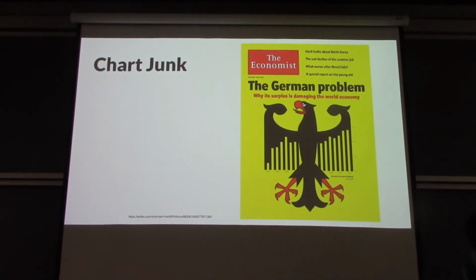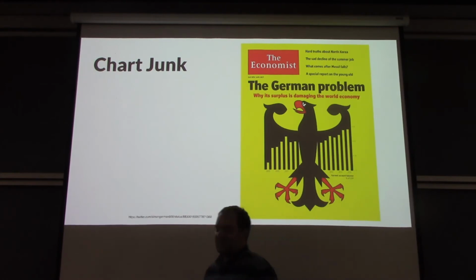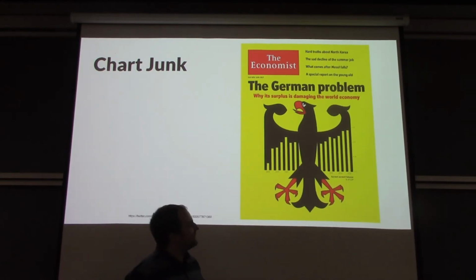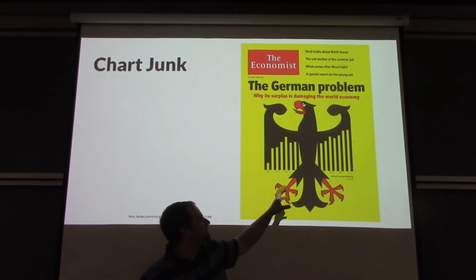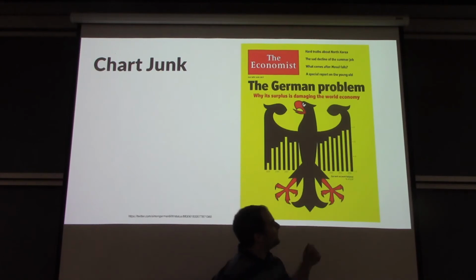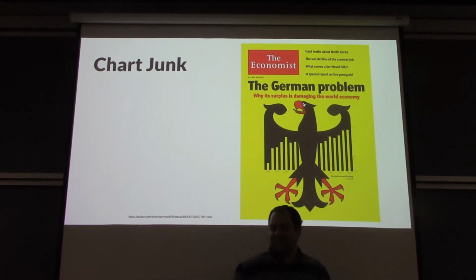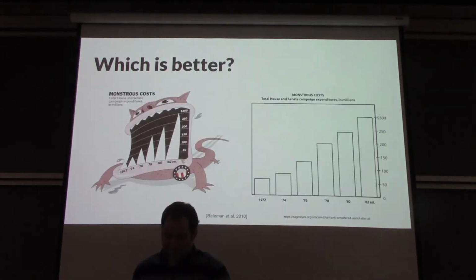This is about the German problem of the increasing trade deficit or trade surplus that Germany has. I found this interesting because they used the bar chart and made it look like part of the wings of this eagle. So another example of chart chunk.